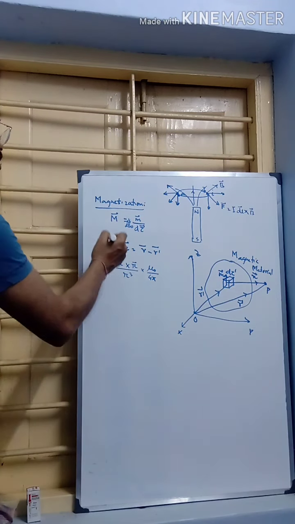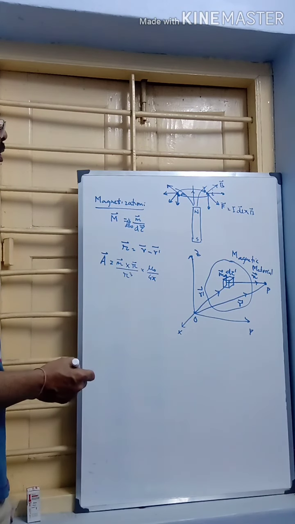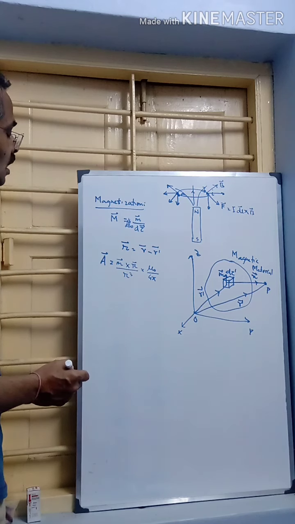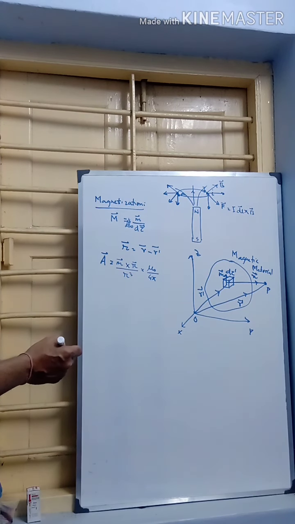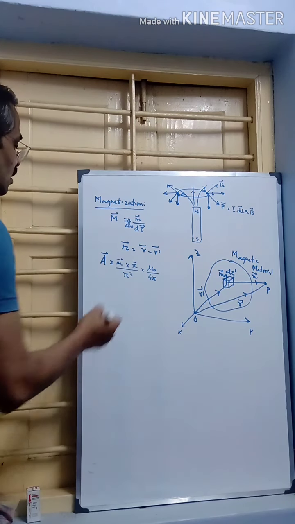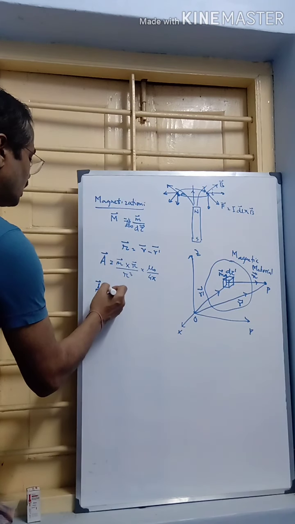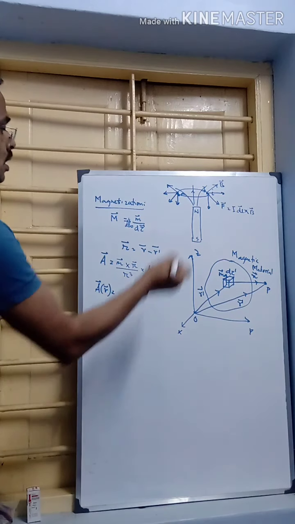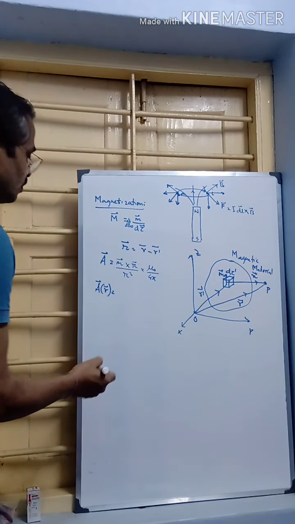Now, what is this m? This is the magnetic moment due to this small volume element d tau prime, which is basically equal to d cube r prime, or dx prime, dy prime, dz prime. Okay. So what would be the vector potential at the point r due to the whole of the magnetic material at the point P?